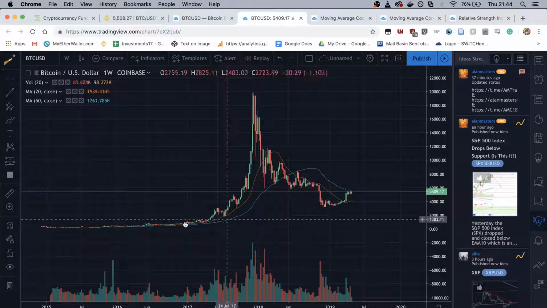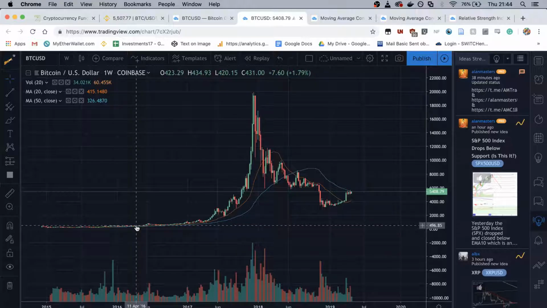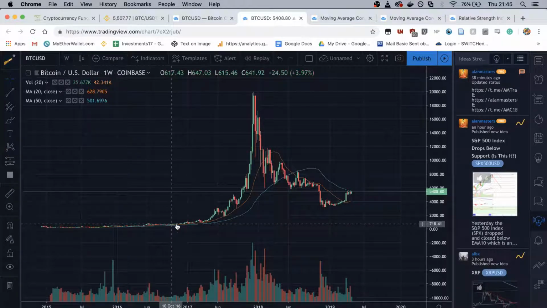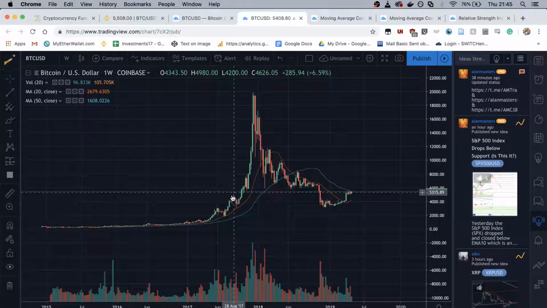So here we have starting off even actually somewhere around 2016. The last bull run started quite early, and most people actually just started realizing about it around $3,000 to $5,000.